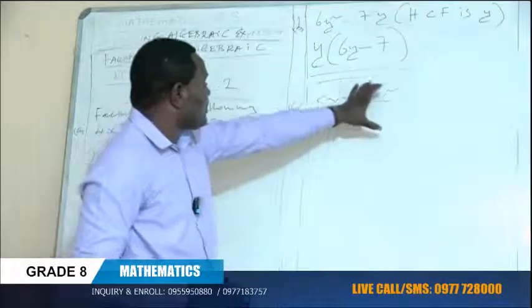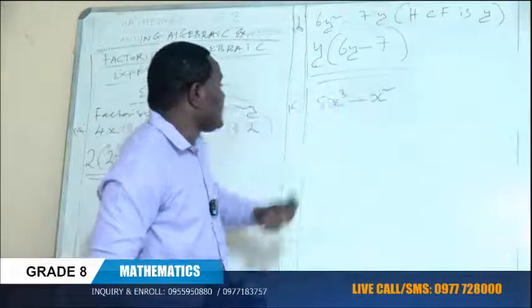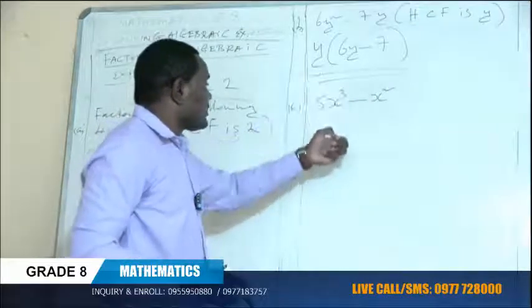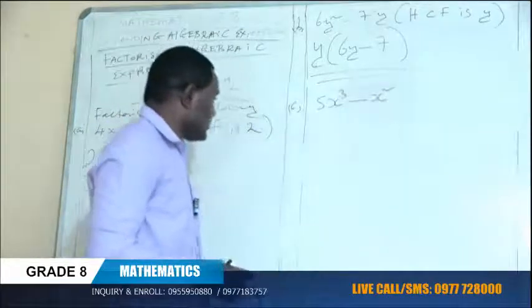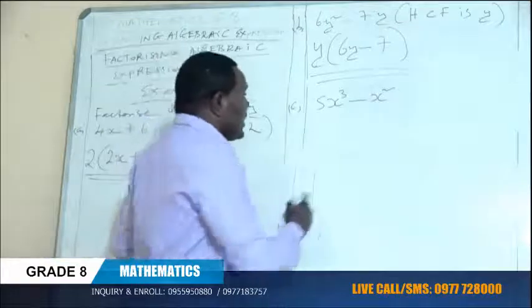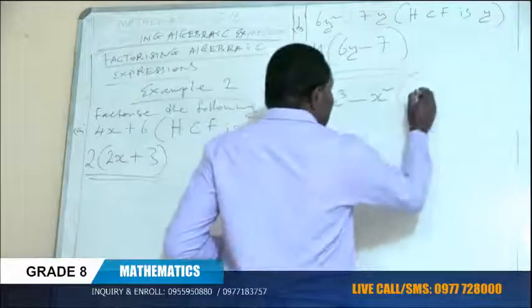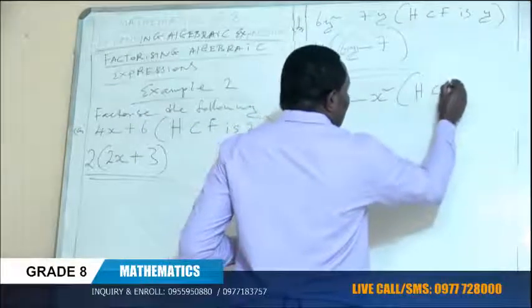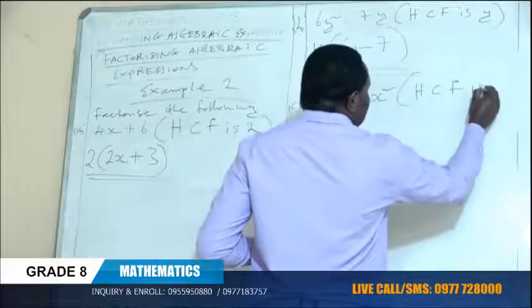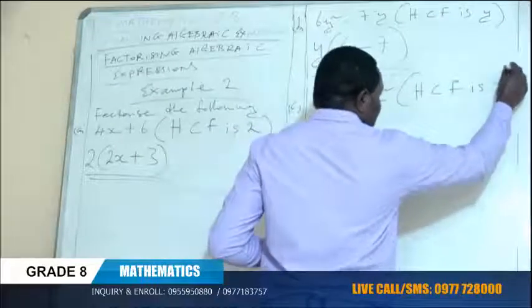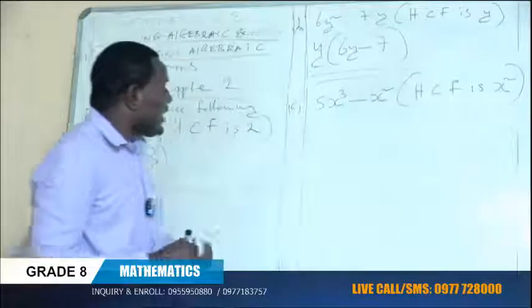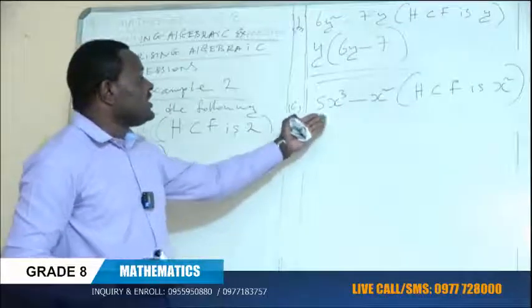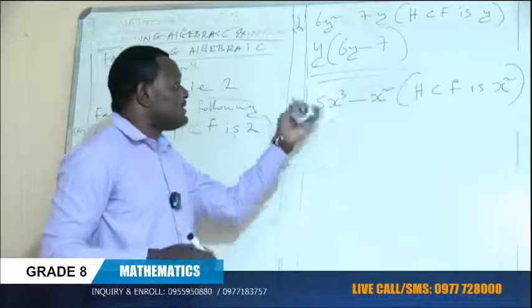If you check, we have two terms, the first term here and the second term here: 5x to the power 3 minus x squared. You notice that our highest common factor in this case is x squared, because we know that x squared can go into each and every term here without leaving any remainder.